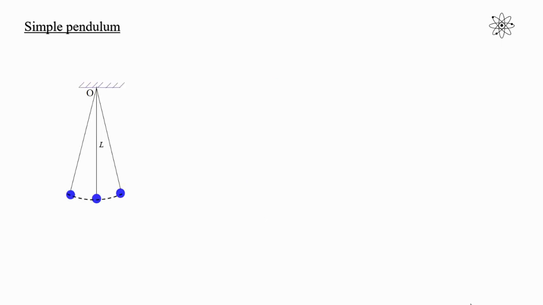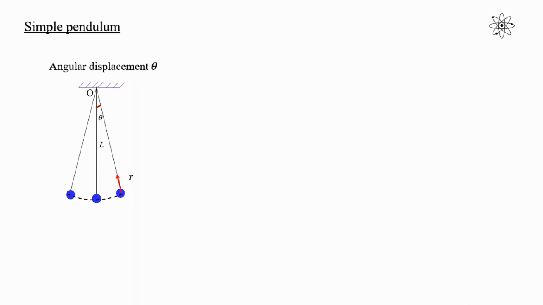Now, let's displace the bob and set it into oscillation. During the motion, I consider a random location of the bob, which has angular displacement theta. Now let's see what forces act on the bob at this position.